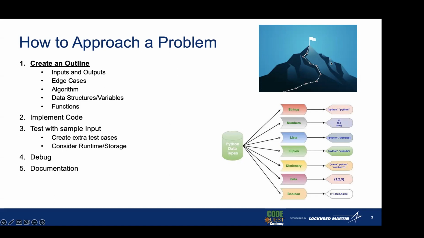This picture on the top right is a route up a mountain. There are many paths to take up the mountain, just like in a lot of these problems we'll look at, there are going to be many possible solutions. Some are better than others, and there are trade-offs.